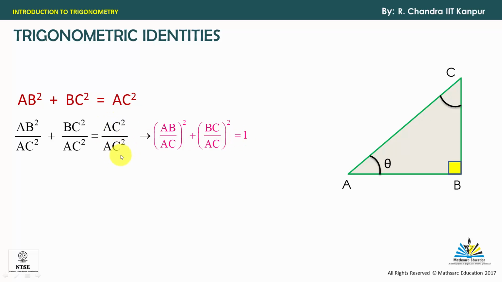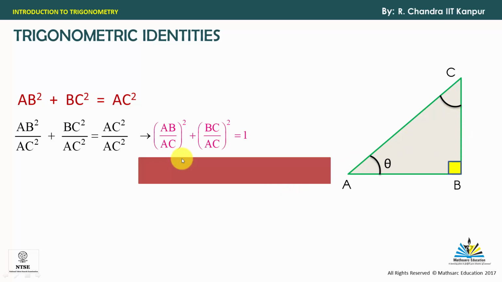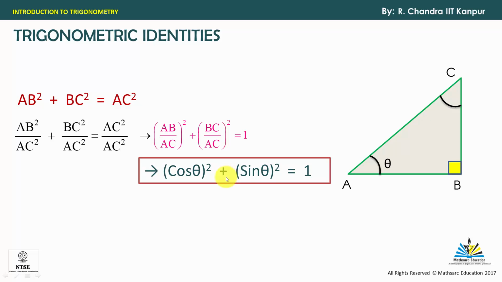Now with respect to angle theta, AB upon AC is cos theta, and BC upon AC is sin theta. So the formula becomes (cos theta) whole square plus (sin theta) whole square is equal to 1.